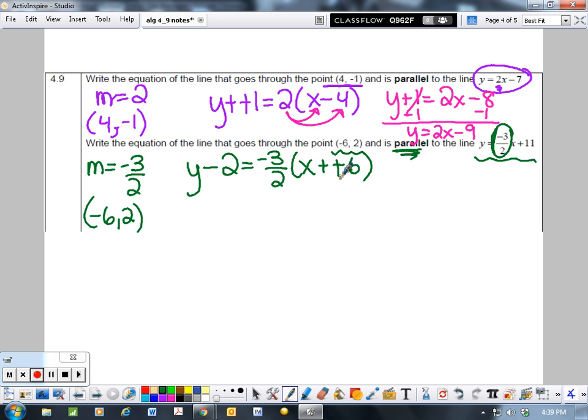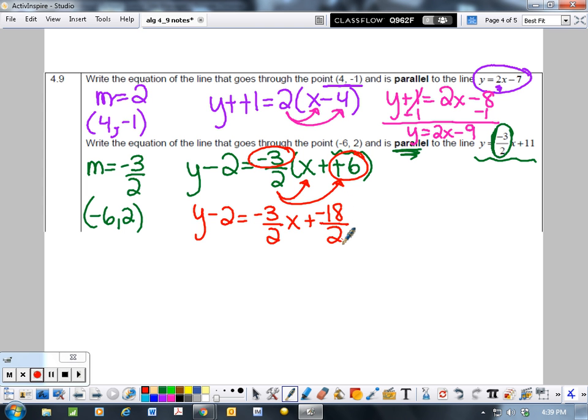But because I like having lots of examples for you, I'm going to also show you how to write it in slope-intercept form. So I distribute the -3/2. So this is y minus 2 equals -3/2 x. Now when I multiply, I'm going to multiply -3 times 6, which is -18.